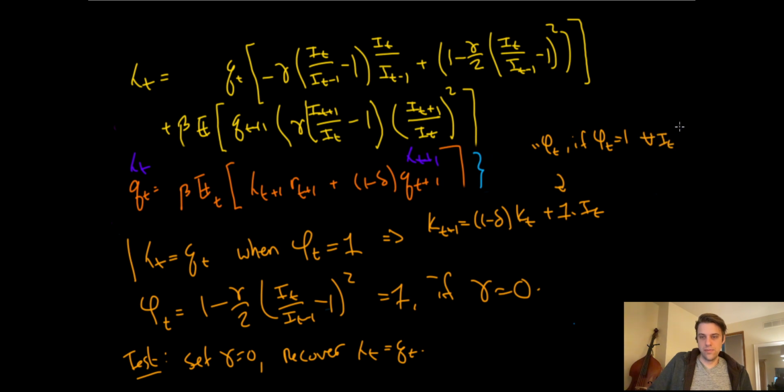So how do I get this 1 here? How do I make this sentence true? I make this sentence true by setting gamma equals 0. And you can see that if I set gamma equals 0, no matter what I pick for it, and no matter what is the value of it minus 1, I just get 1 out the other side. So now my strategy is set gamma equal to 0 and see if I can get back the base case, which is lambda t equals qt.